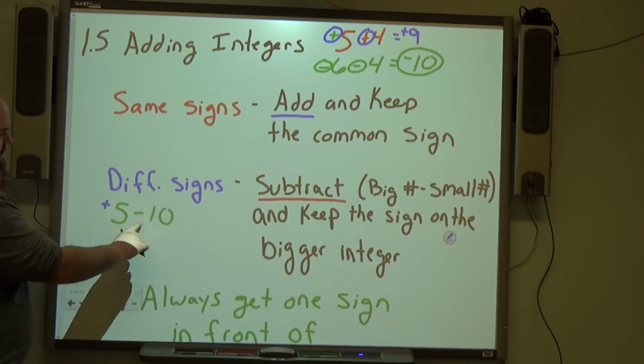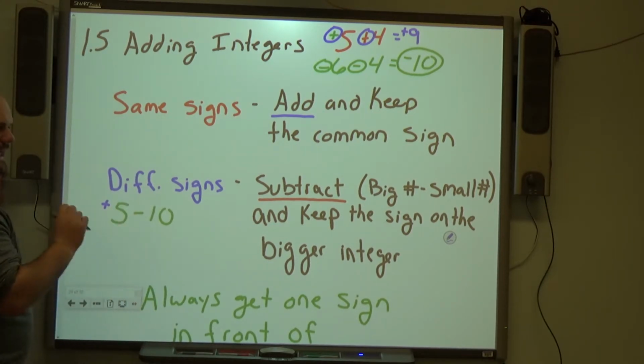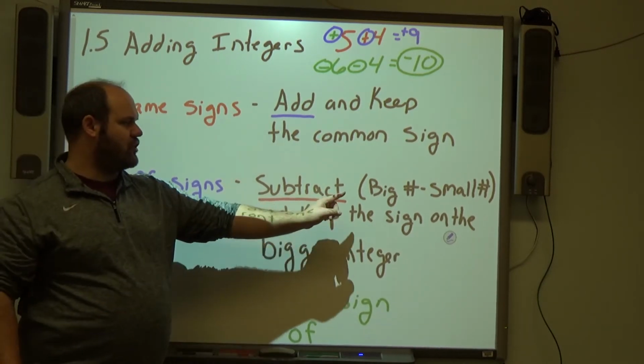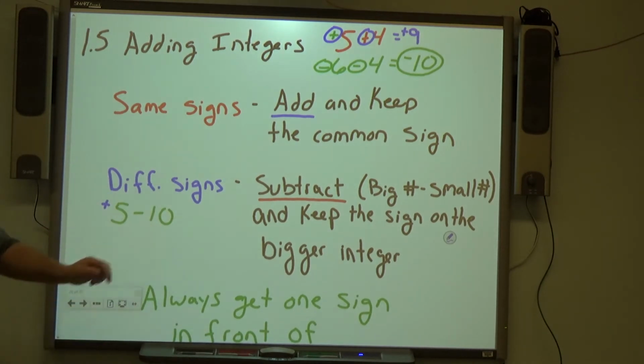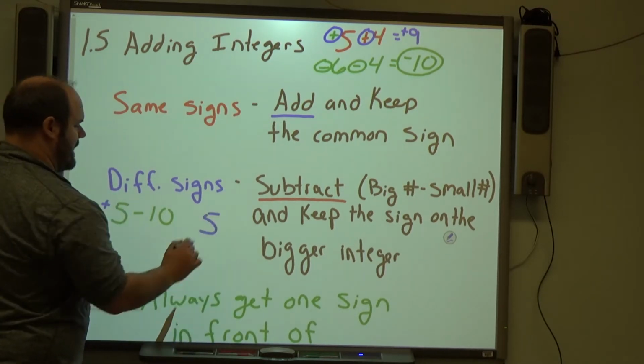My signs are different. I have a plus sign and I have a negative sign. Remember, this is also a subtraction sign, but it is also a negative sign. Signs are different, so I'm going to subtract. I'm going to take the big number minus the small number. The big number is 10. The small number is 5. When I subtract 10 minus 5, I get 5.